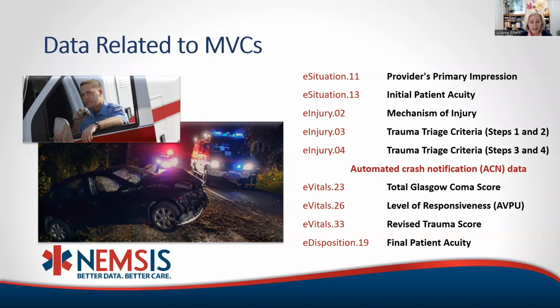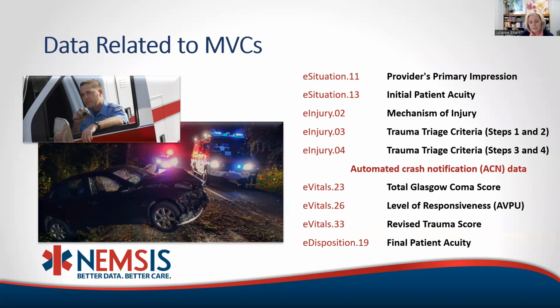Whether you're analyzing your agency level data, you may have much more robust elements that can be identified and measured that are specific to MVC or to traffic safety initiatives. Same with the state.